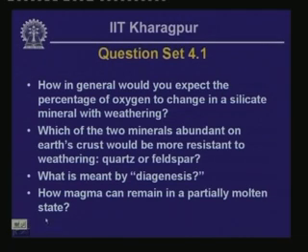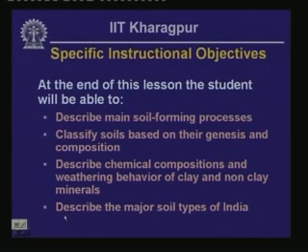Okay, so that wraps up the question set, and then we get into the objectives of this particular lesson. What we are going to discuss in this lesson is essentially different types of soil forming processes.